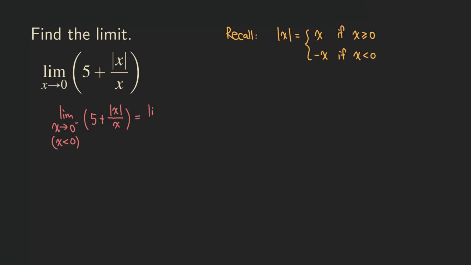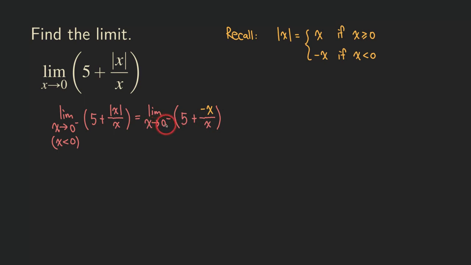And so now the limit actually becomes, oops, it should be minus, right? So it'd be x approaching 0 from the left. Then it would be 5 plus, and now this absolute value of x will become negative x. So we are going to put the negative x right here. Okay, so now as you can see, we can simplify this expression right here by dividing the top and the bottom by x.